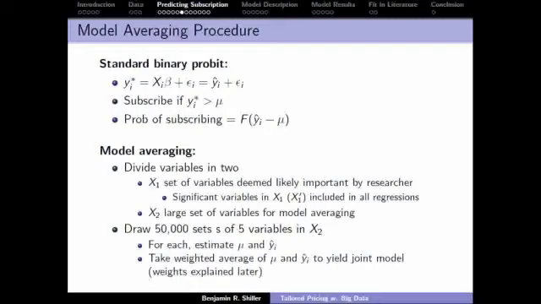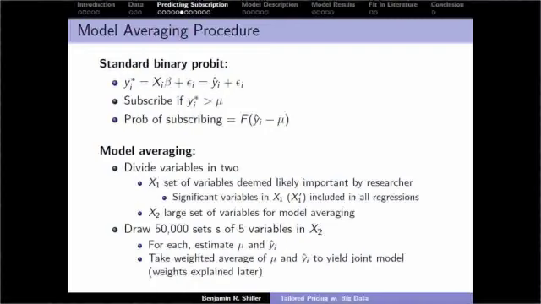And so you can calculate the probability. Basically, this is, based on your model, the best estimate of the underlying variable, and this is the threshold. And so it's the cumulative density of that difference, and that gives the probability someone subscribes. Okay, and so here are some details of the model averaging.